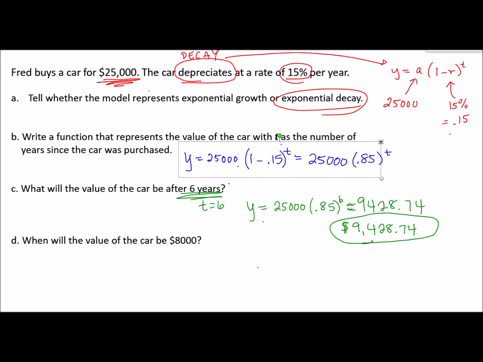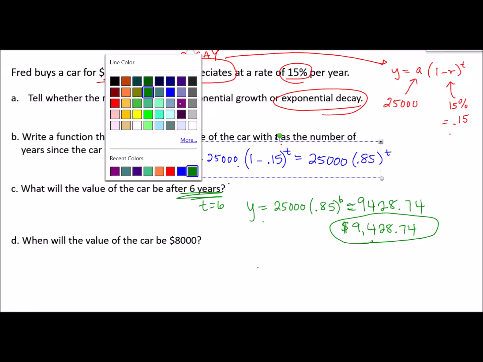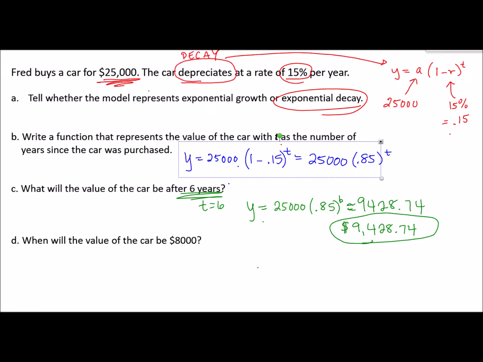Okay, the last question says, when will the value of the car be 8,000? Now, that's different. Now it's giving us the value of the car that it wants to be, and that's y. So if I plug it in my formula here, it says y equals 25,000 times 0.85 to the t.